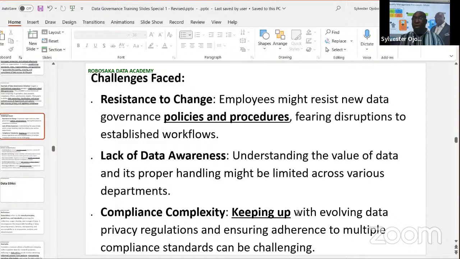Keeping up is more than just awareness. Keeping up is updating. Always keeping up with the trend. What's going on? Always remember to keep up and to always update. If you are a manager, what is the current privacy regulation? What version are we?